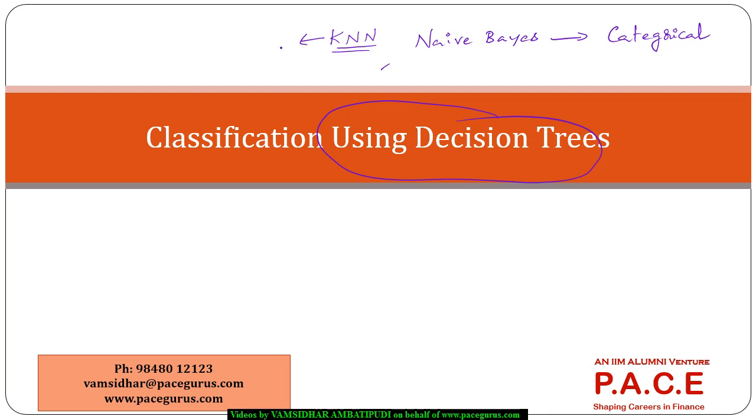KNN is better especially if your data is more quantitative or continuous in nature.